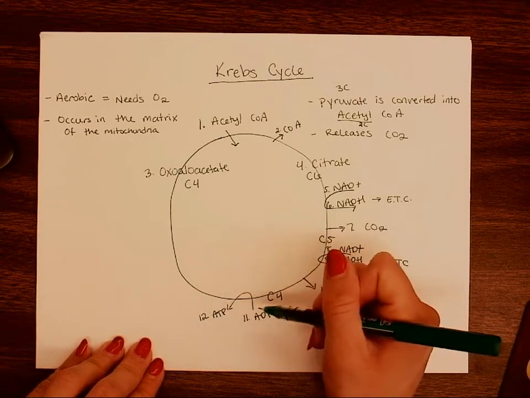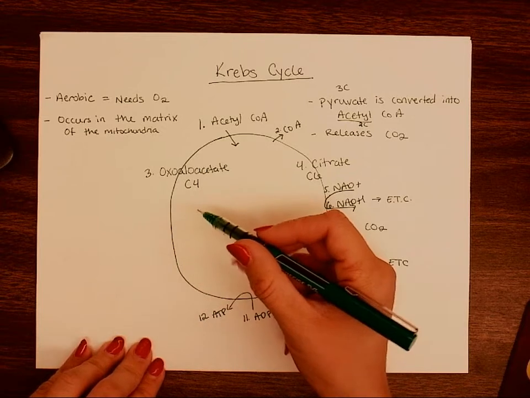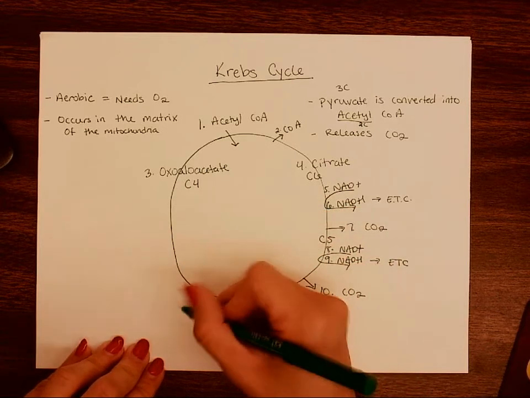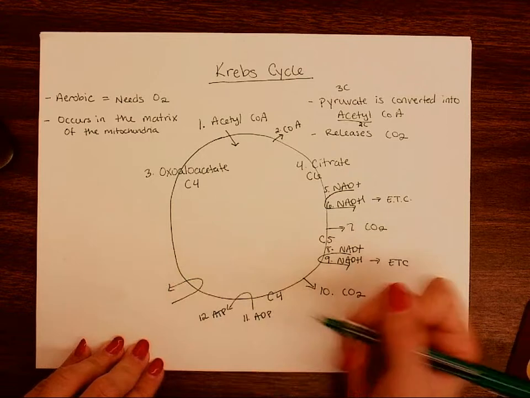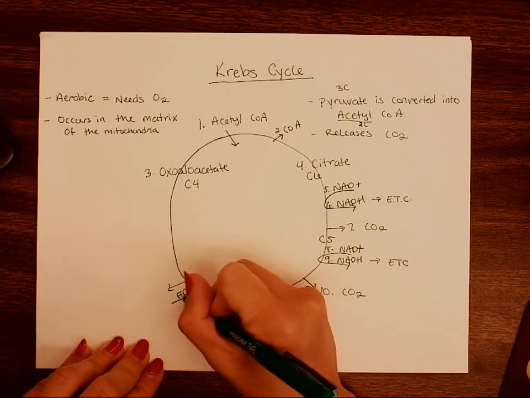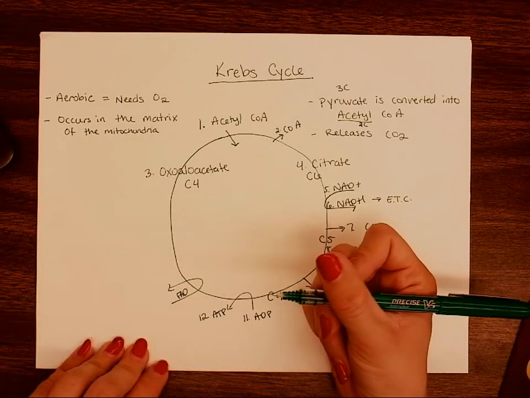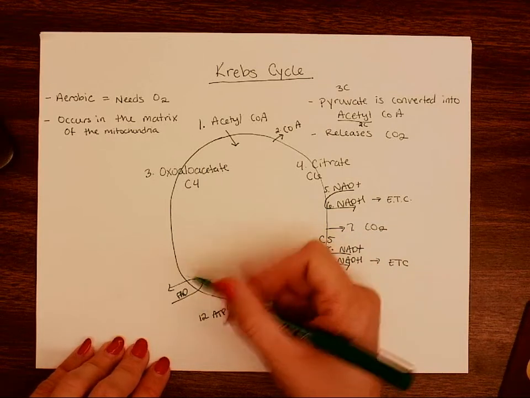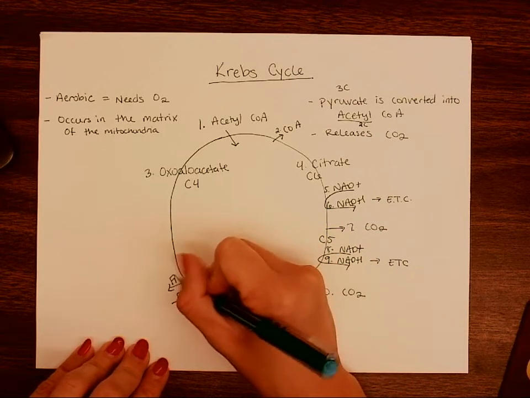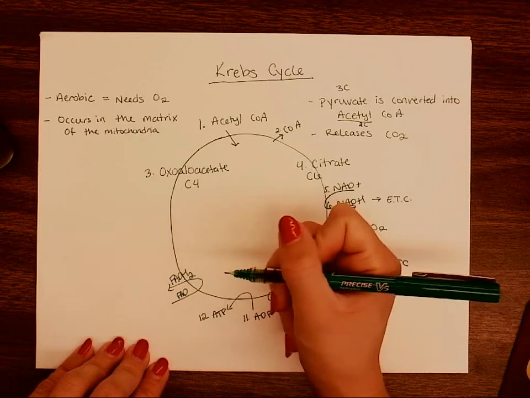Now this 4-carbon molecule we're going to regenerate into oxaloacetate. We see that FAD is going to come in. FAD is another electron carrier. It's going to pick up electrons in a hydrogen, and it's going to turn into FADH2.